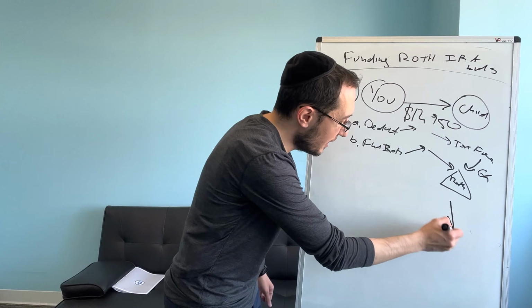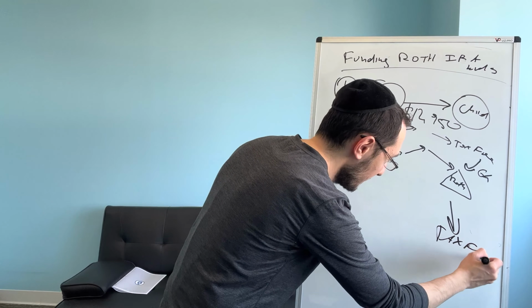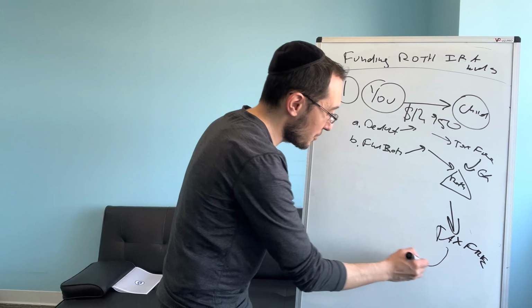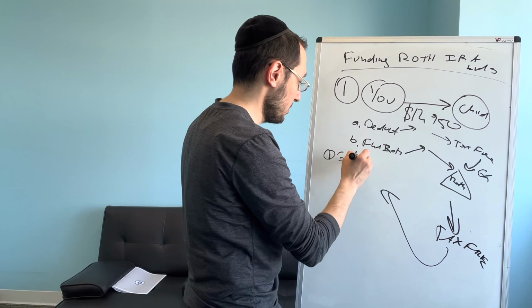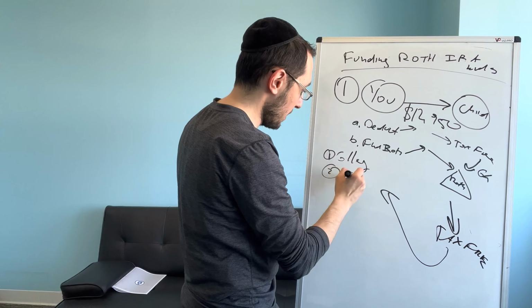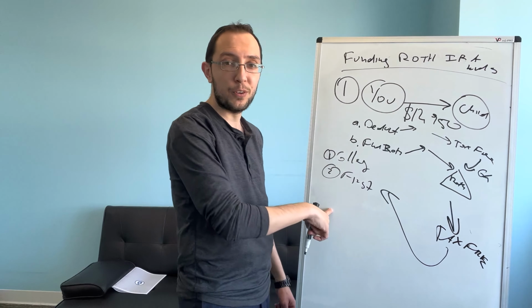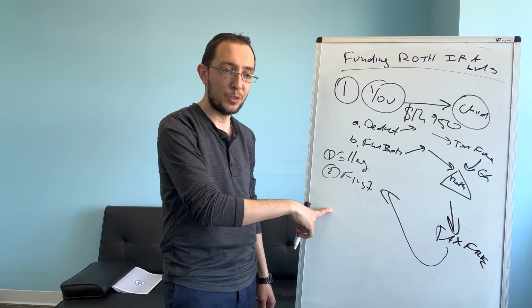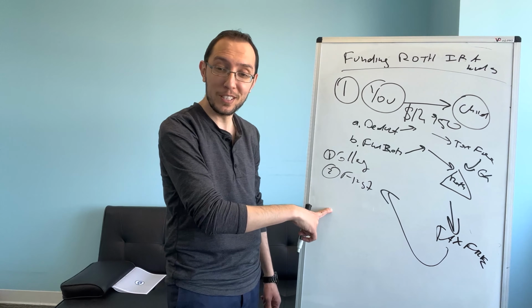The money grows tax-free, and then the money comes out tax-free for, number 1, college tuition, and number 2, first-time home purchase. Did you just create this scenario for yourself by properly planning out your tax strategies? You bet you did.